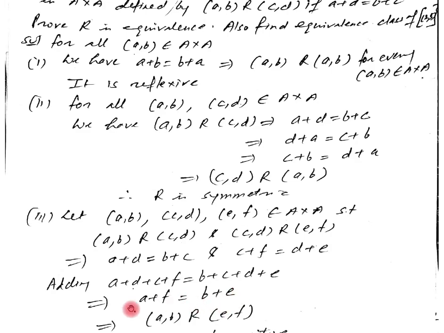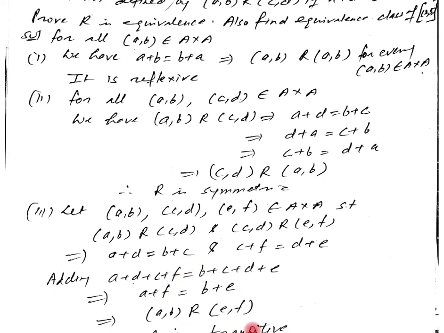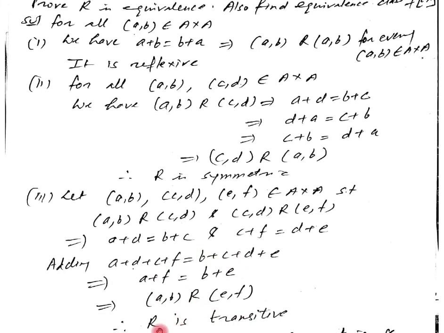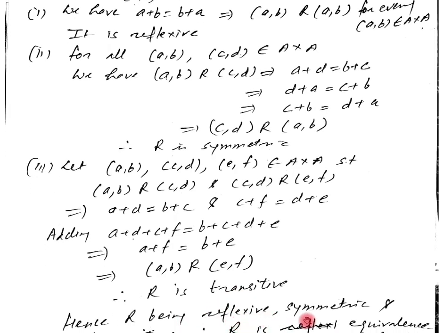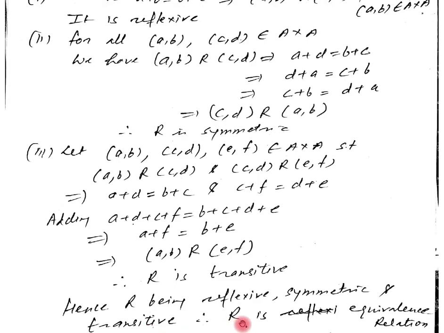This implies (a, b) is related to (e, f), which is what we want to prove, because if (a, b) is related to (c, d) and (c, d) is related to (e, f), then (a, b) must be related to (e, f). So the relation is transitive. Now the relation R being reflexive, symmetric and transitive, therefore R is an equivalence relation.